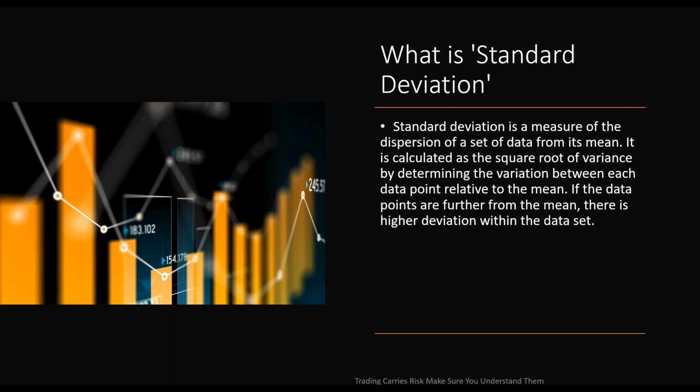So let's try to explain it in easy words so that you can get some understanding of what we're trying to talk about. So standard deviation is a measure of the spread of the set of data. What's the data set? It's the open, the high, the low, and the close of the asset for each one of those points. So we're looking at a 1 hour chart.